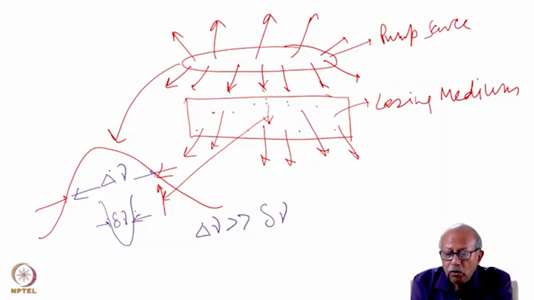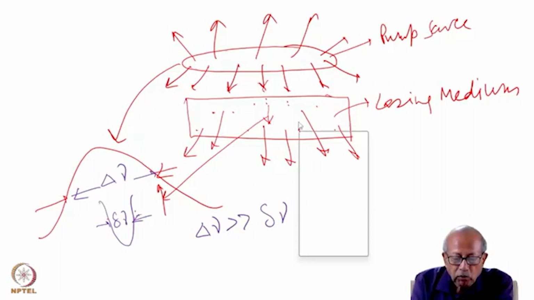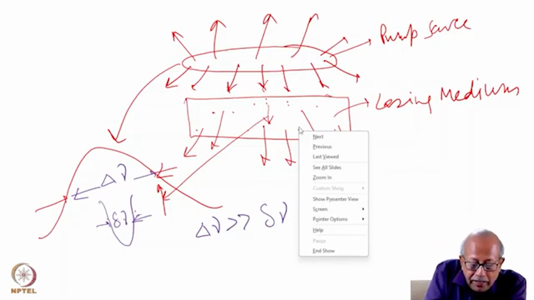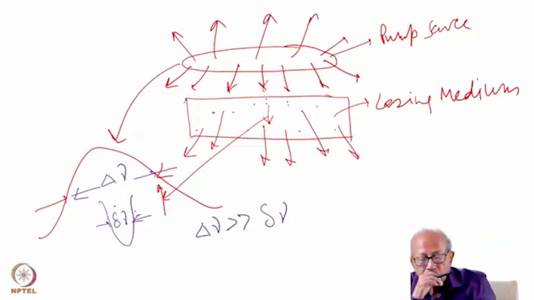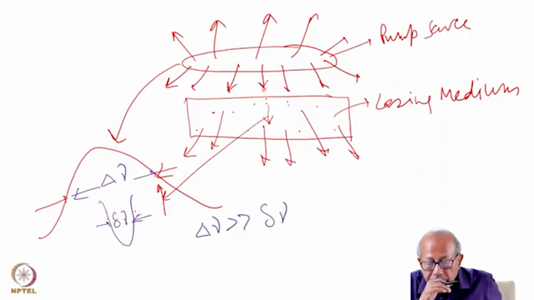Only the photon which is intercepted by the atom or molecule and lies within this absorption feature will be absorbed, very qualitatively speaking.